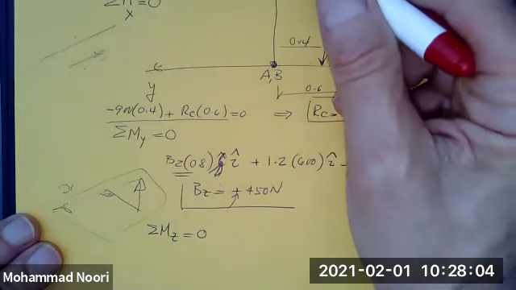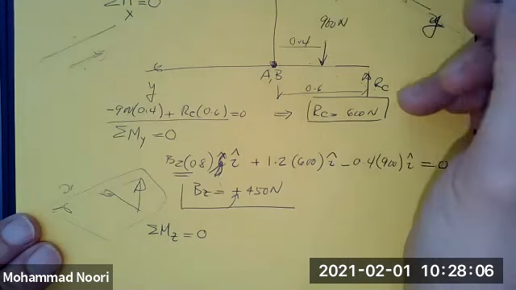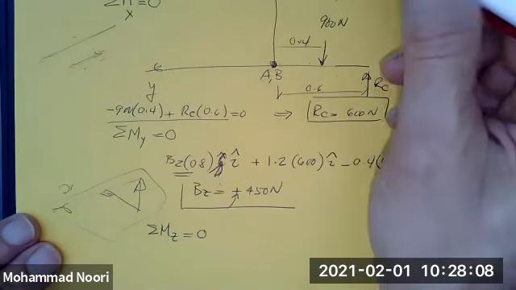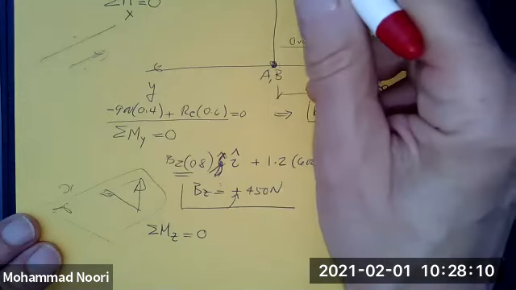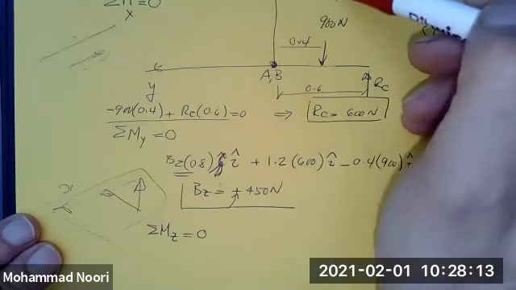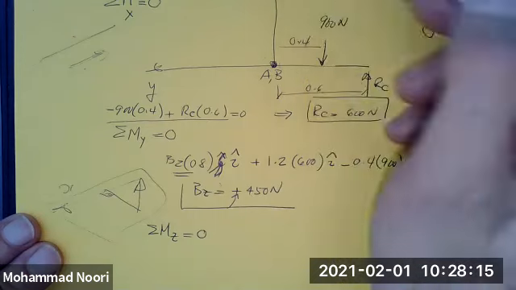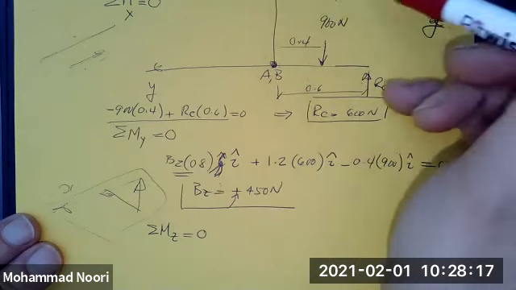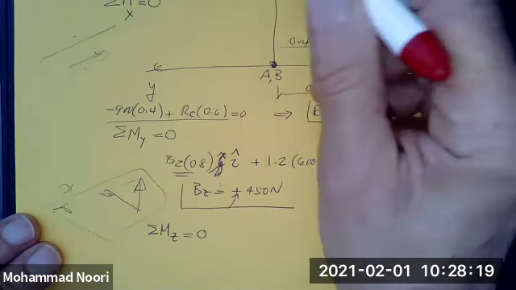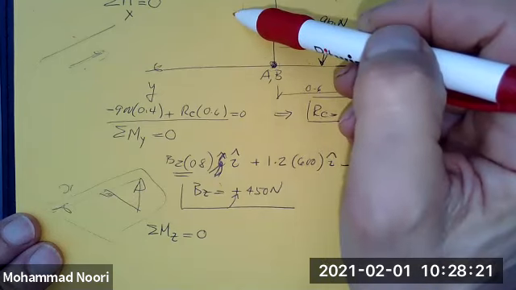If I consider the summation of moments about Z, all those forces that are parallel to Z cannot generate any moment. In other words, the moment of RC, BZ, and 900 about the Z axis would be 0.